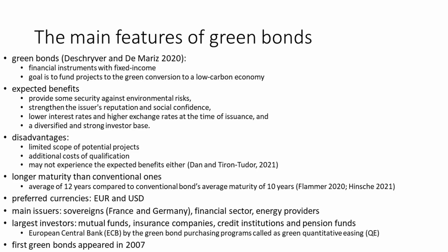Then it can lower interest rates and higher exchange rates at the time of issuance. We have to stop here because I have no idea how it can lower interest rates. So practically, we have an anterior slide which talks about that. Is there any kind of green bond premium? So if we are comparing green bonds with traditional bonds, is there any premium in the case of the yields?